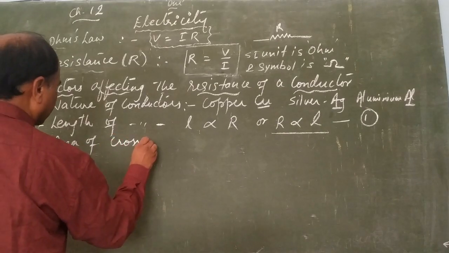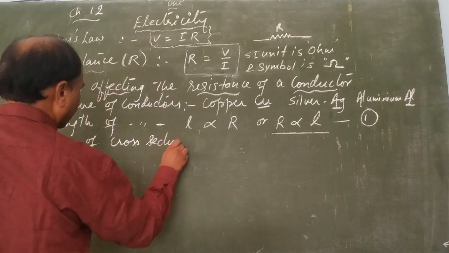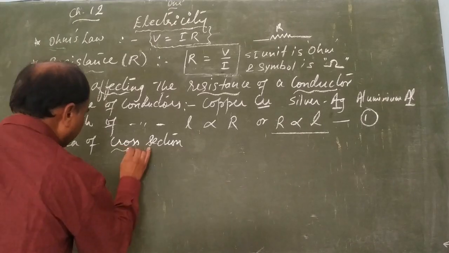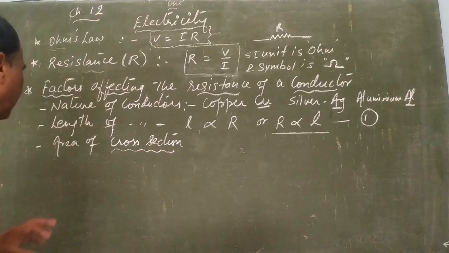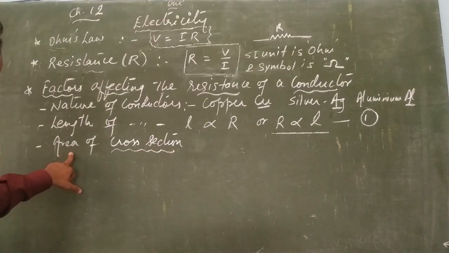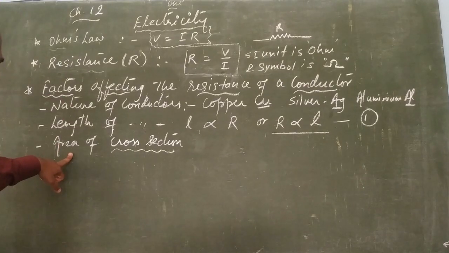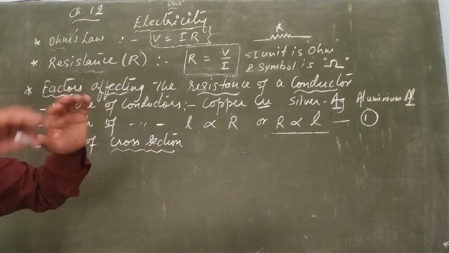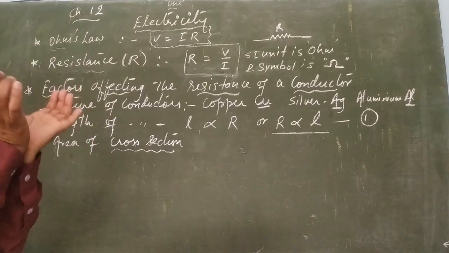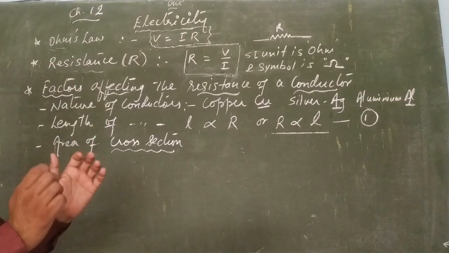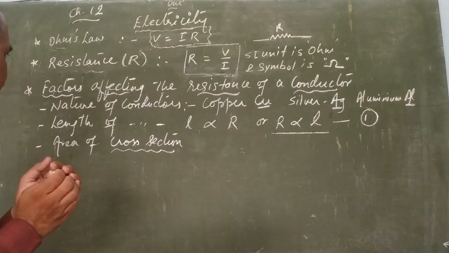area of cross section. Now, what is the meaning of area of cross section? Do you know the meaning of area? Area you have studied in mathematics also. Cross section means the inner area of any conductor.